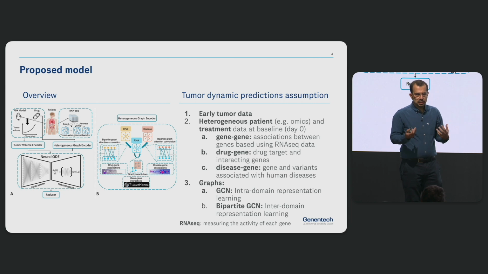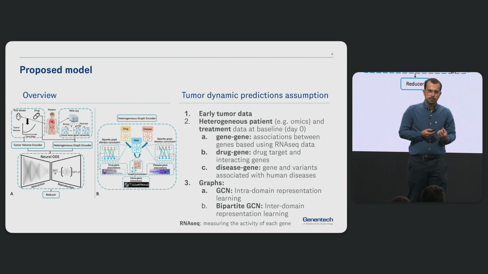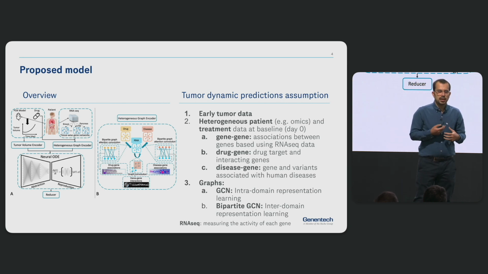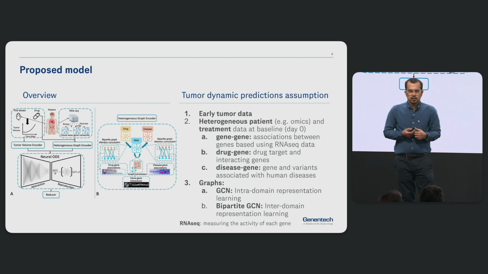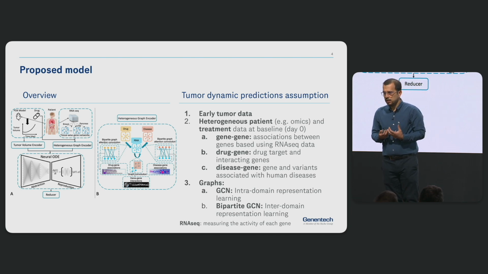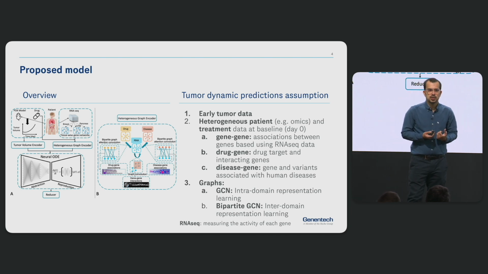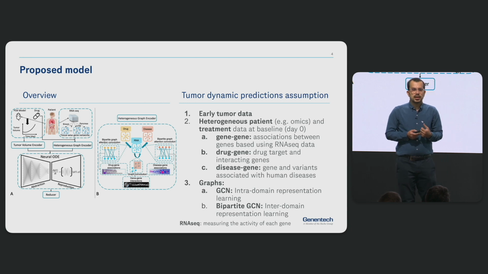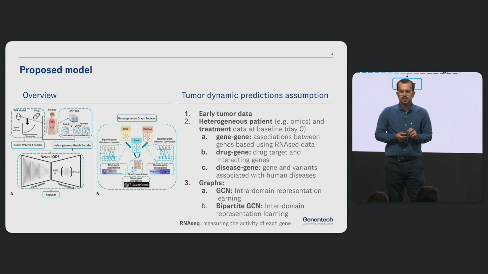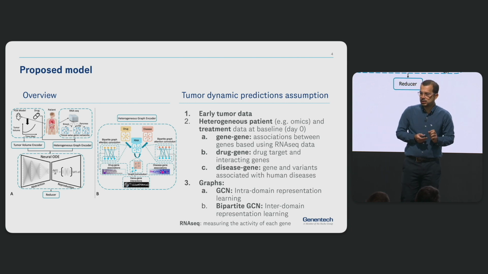And at the end of the day, these two embeddings go in as the input or the initial condition of a Neural-ODE system, where the Neural-ODE system with an MLP block after that will help us capture the trend of the tumor volume longitudinally. So for the graph, we have two graphs, GCN and bipartite GCN.